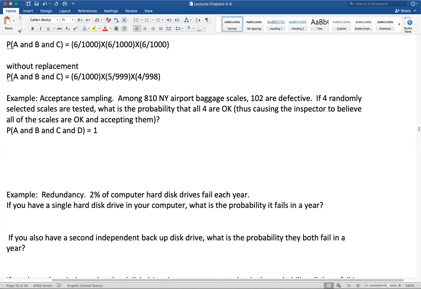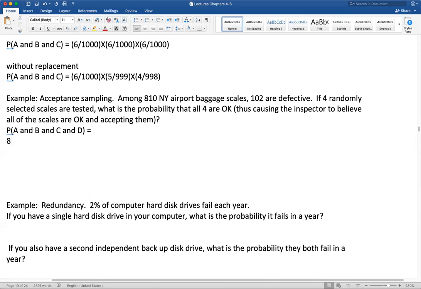810 minus 102, give me a second. 810 minus 102 is 708, right? This is the number of baggage scales that are not defective, which means these scales are okay.